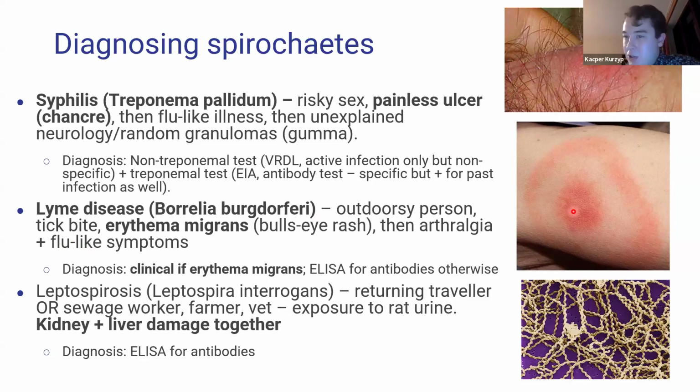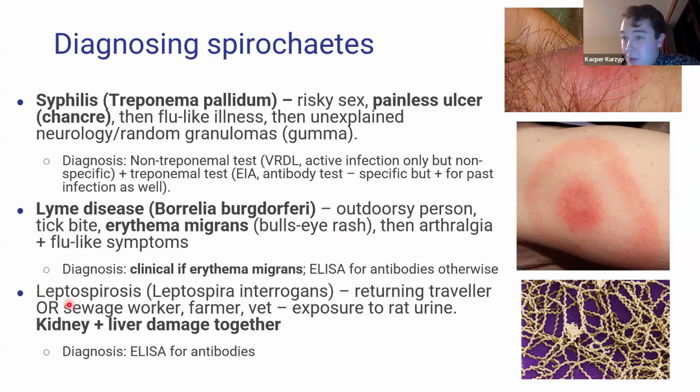You don't need a confirmatory test, and that's one of the questions I've included in the Socrative, as you will see. Erythema migrans or the bullseye rash doesn't always occur, which is why you would test for antibodies if you have a history that matches this profile, but does not have a reported bullseye rash.